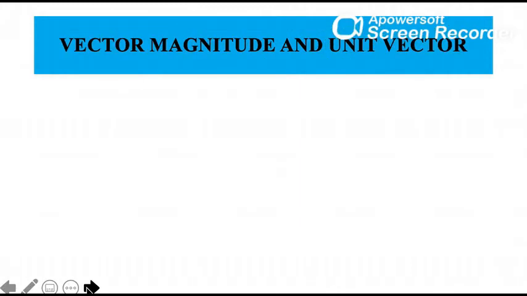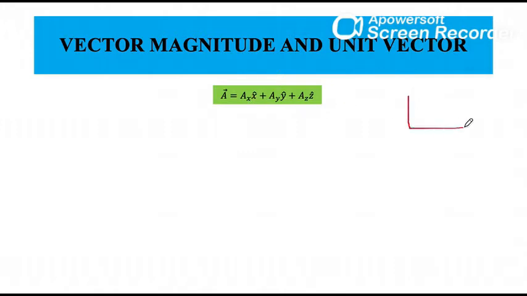So we have seen how to define a vector in the 3-dimensional Cartesian coordinate system. Given a vector A, I can resolve this vector into 3 components which are mutually perpendicular. When we say mutually perpendicular, we mean that if you take any pair of these vectors, they will be perpendicular to each other.